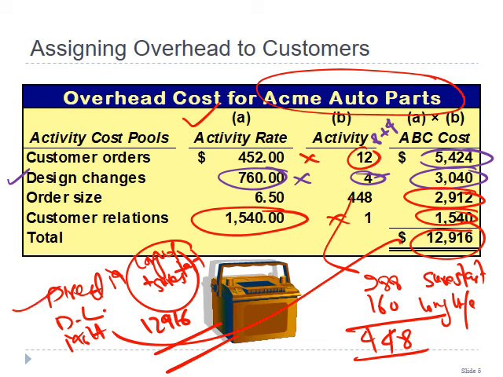You can find out how much the sales are, how much is the material cost, how much labor is applied, and how much is the manufacturing overhead. If you subtract from sales the direct material, direct labor and manufacturing overhead, which we just calculated as 12,916, you can find out its margin or profit as well, right? This is how we basically implement our ABC.